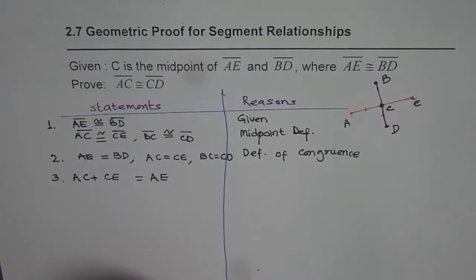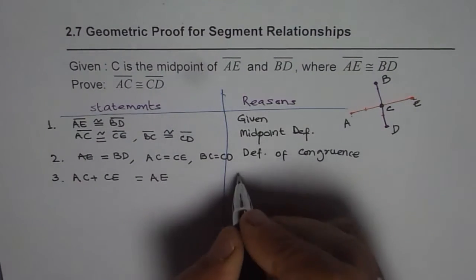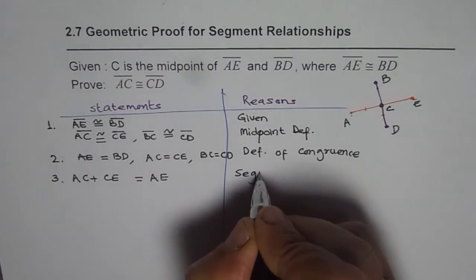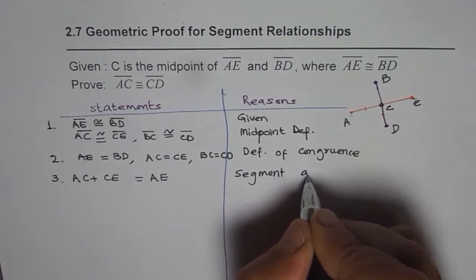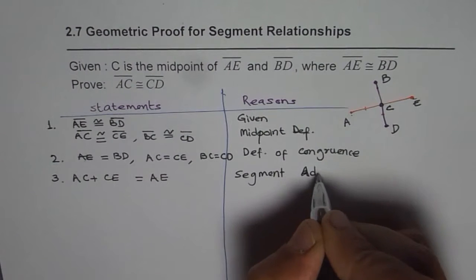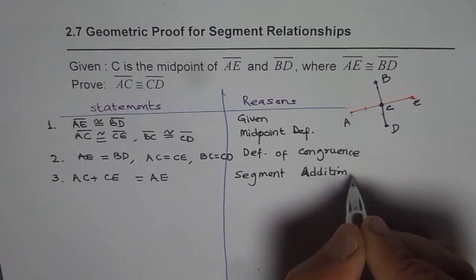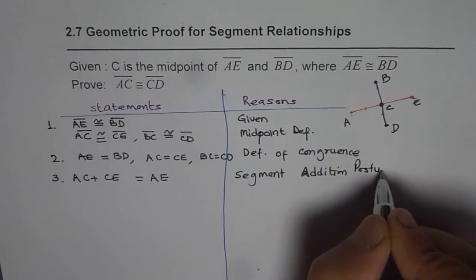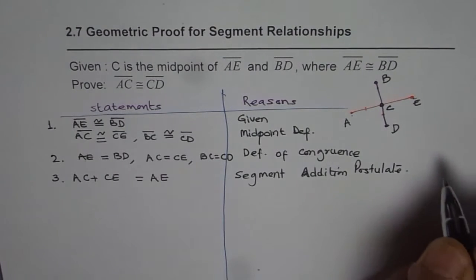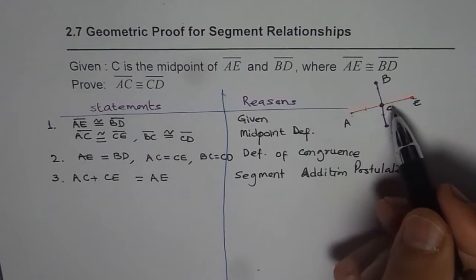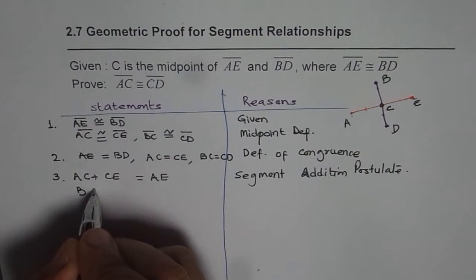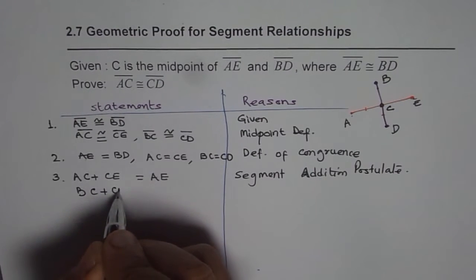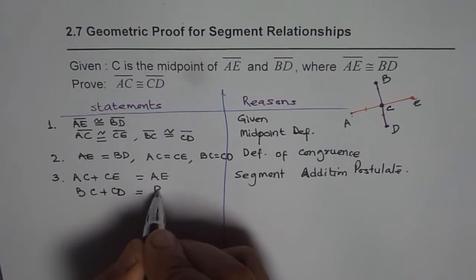And this we get from the segment addition postulate. Similarly, we can also write BC plus CD. So we'll add here itself. BC plus CD equals BD.